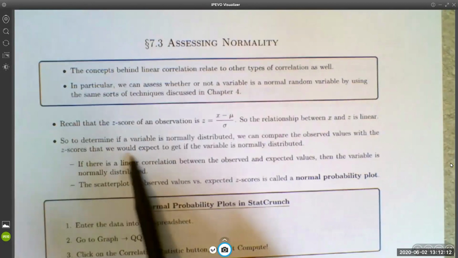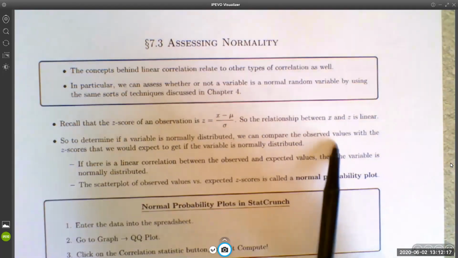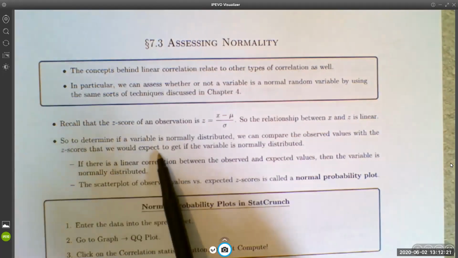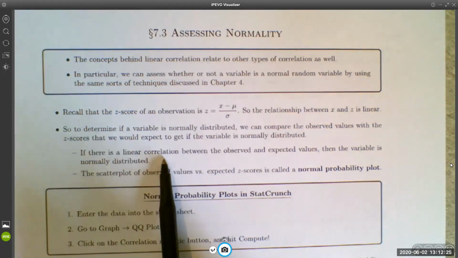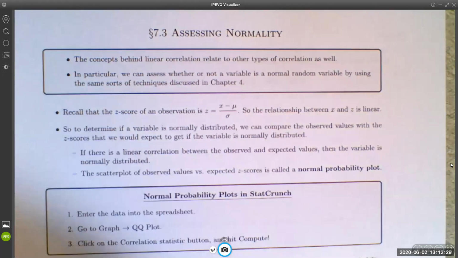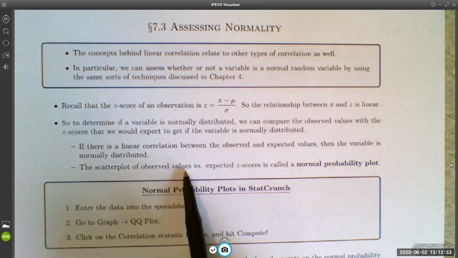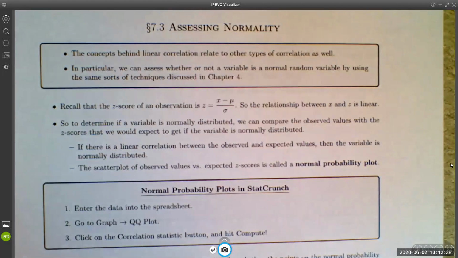To determine if a variable is normally distributed, we can compare the observed values with the z-scores that we would expect to get if the variable is normally distributed. If there's a linear correlation between what's observed and what we expect, then we say that the variable is normally distributed. The scatter plot of observed values versus expected z-scores is called a normal probability plot.